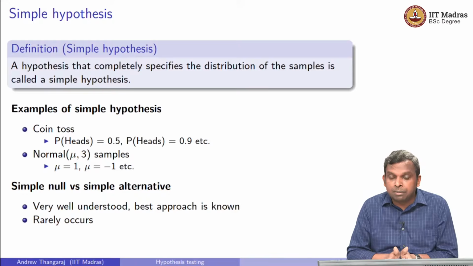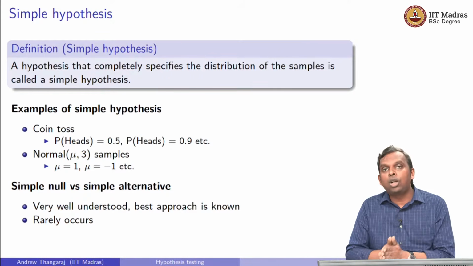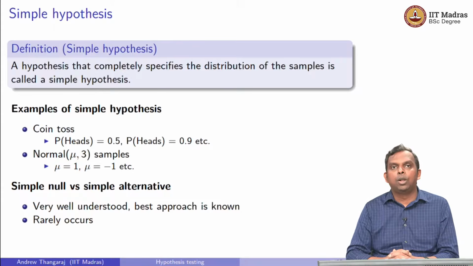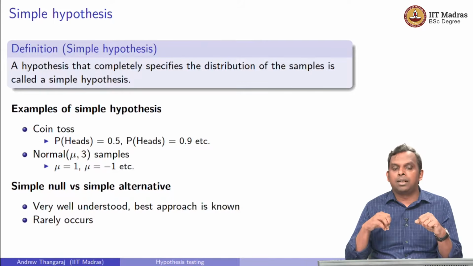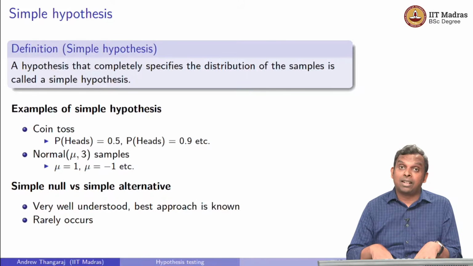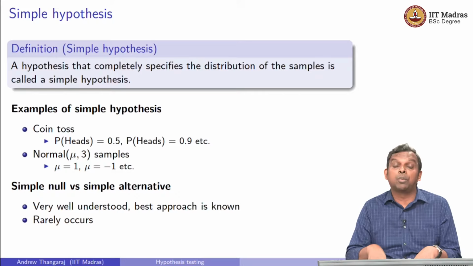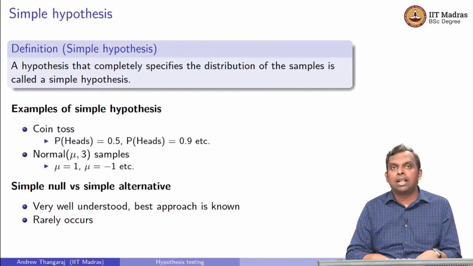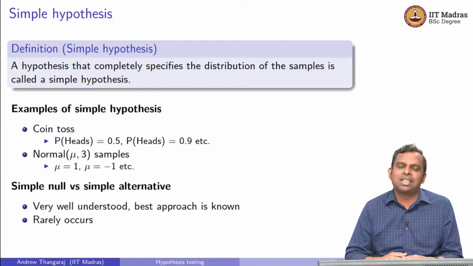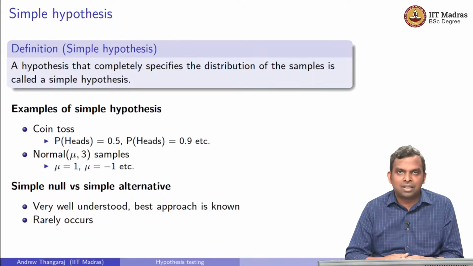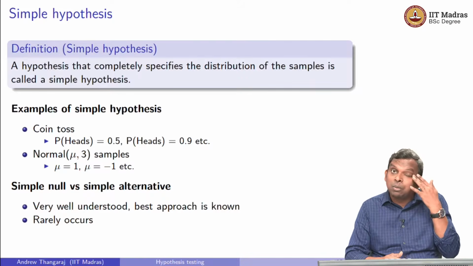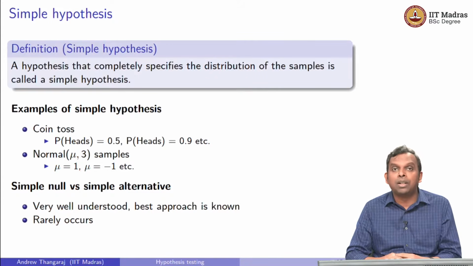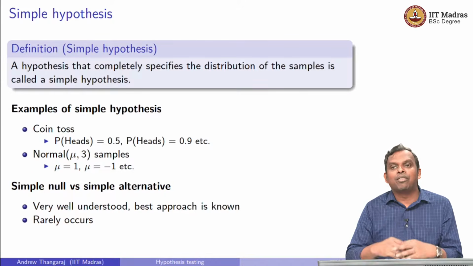In some problems, your null hypothesis will be simple, and your alternative hypothesis will also be simple. Both of them will be simple. Now, these kinds of problems are the best understood. In fact, one can argue that the best possible approach for these problems is known. But in most situations, a simple null versus simple alternative rarely occurs. Nevertheless, it's a good example of a hypothesis test where we know the answer.